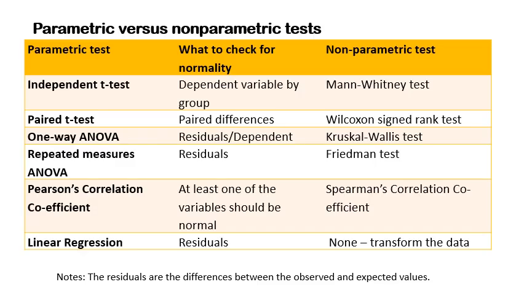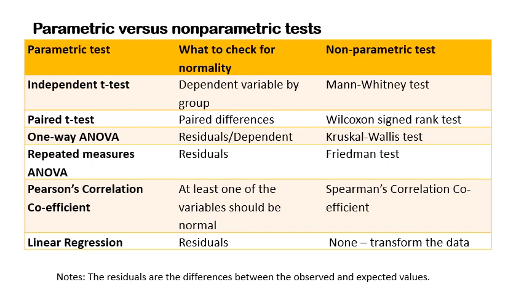If we are going to compare parametric versus non-parametric, for the independent t-test, what to check for normality is the dependent variable by group, and if it is non-parametric, you will use the Mann-Whitney test. For the paired t-test, you will use the Wilcoxon signed-rank test.